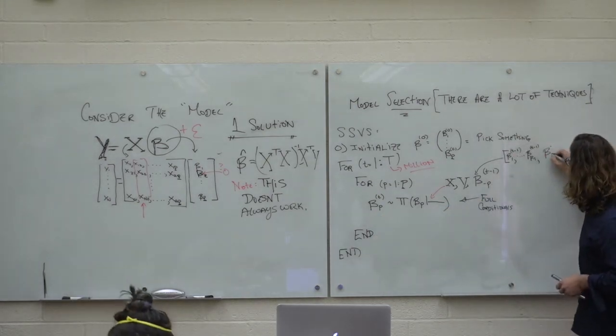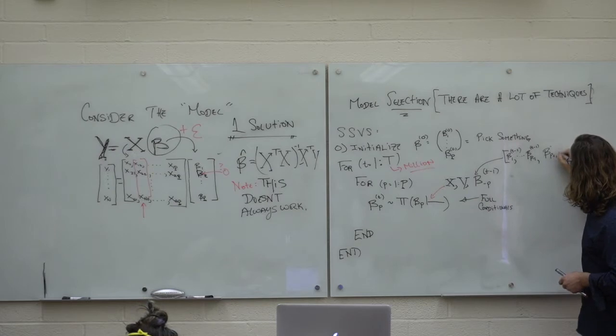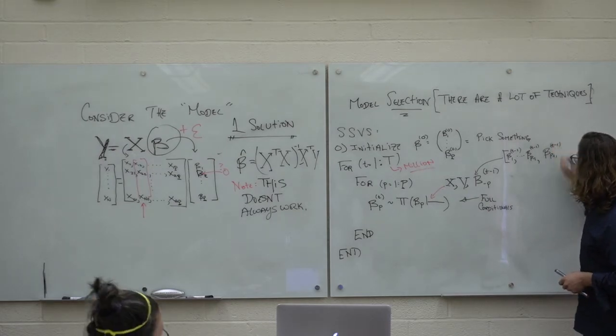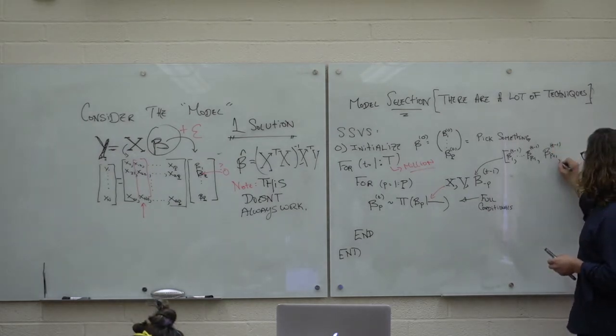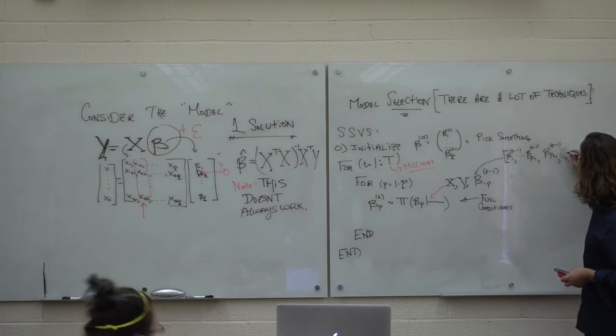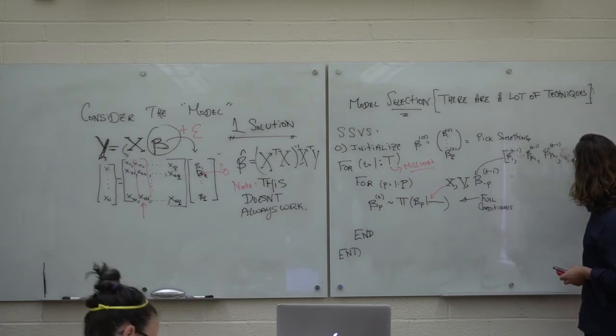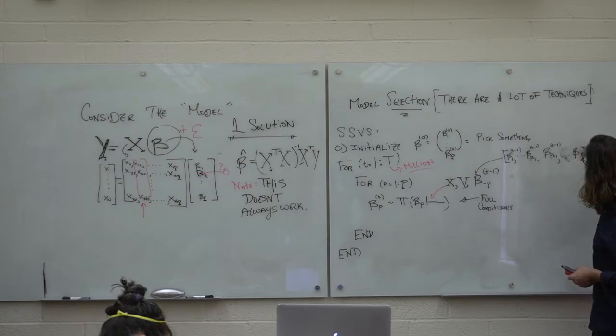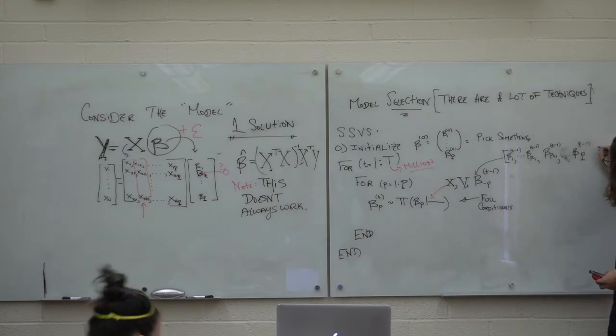So this will be beta P plus 1, sampled from the last iteration, and so on and so forth, all the way to beta cap P, the dimensionality.